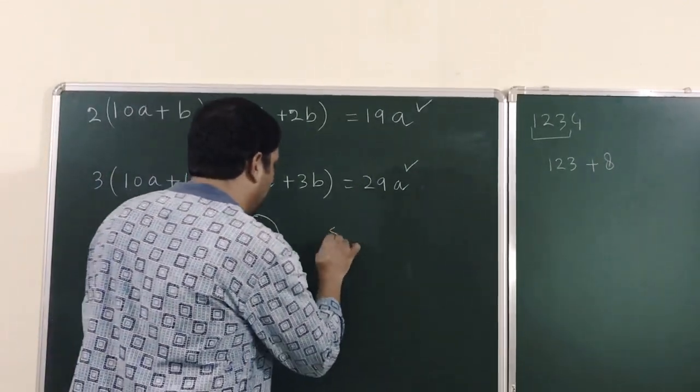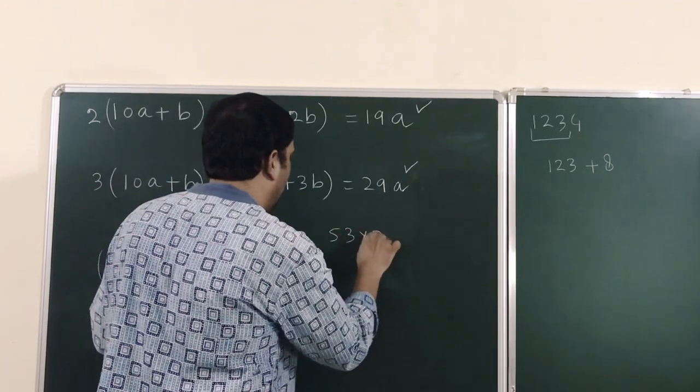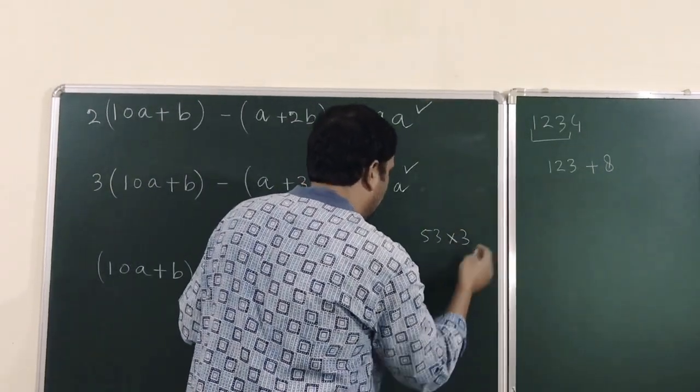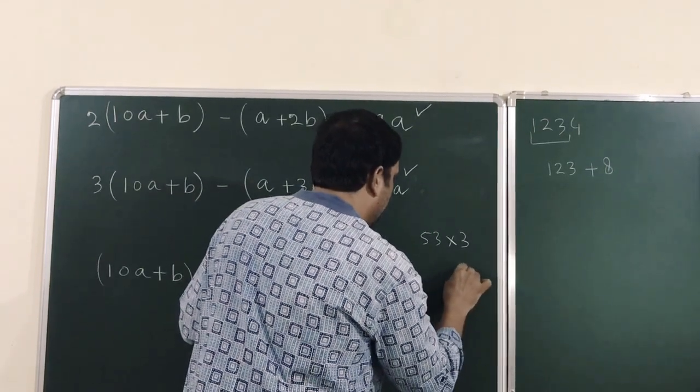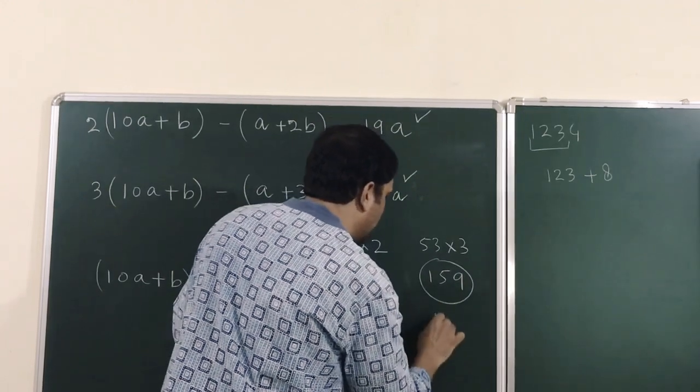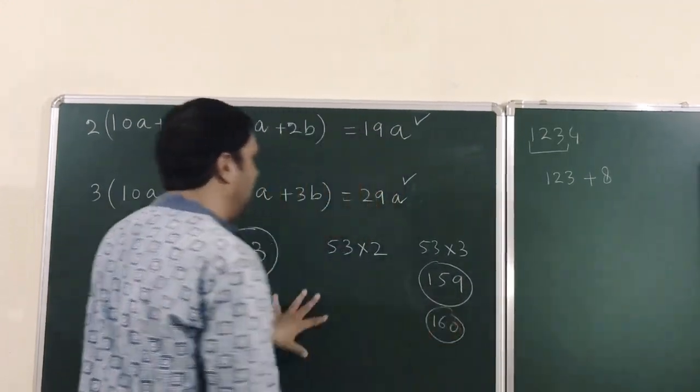If I write 53 into 2, I will not get close, but 53 into 3 gives 159. So this is very close to 160, and 160 will help us.